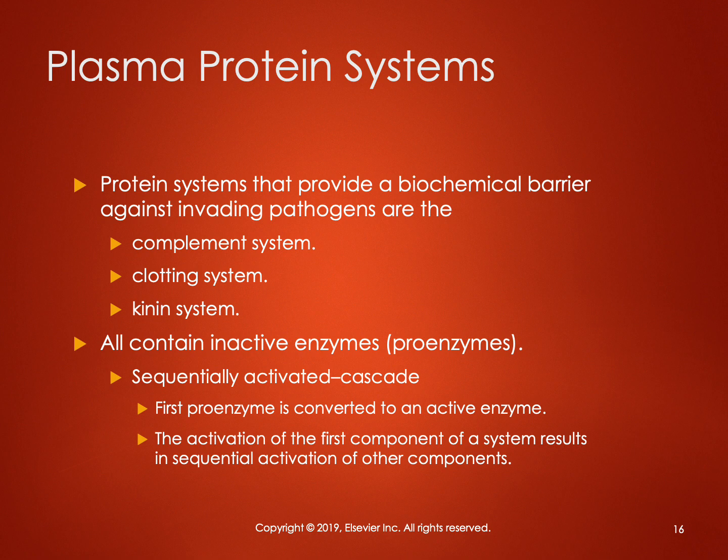So each one of these systems will go from just a complement system to the complement cascade, the clotting cascade, and the kinin cascade. As these enzymes activate the system, the larger enzymes will continue to activate while the smaller enzymes will contribute to the inflammation process, which actually promotes the inflammation.